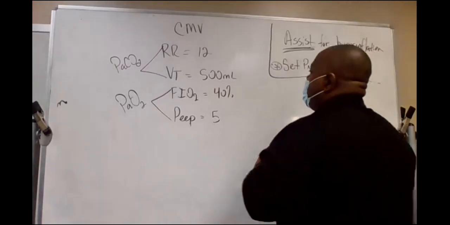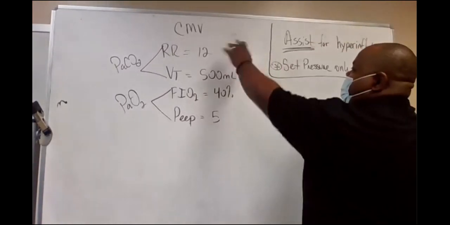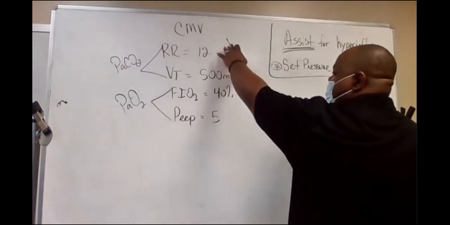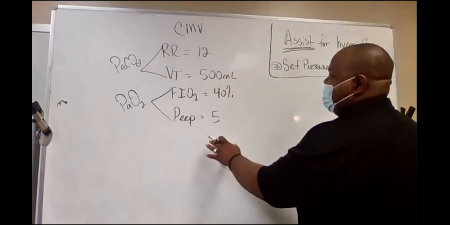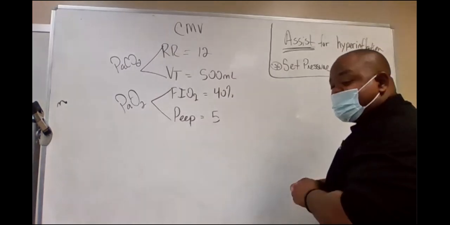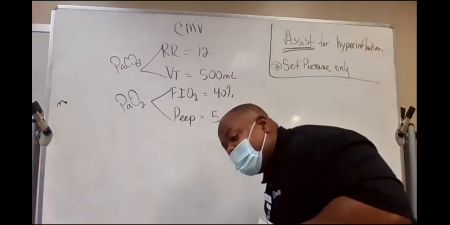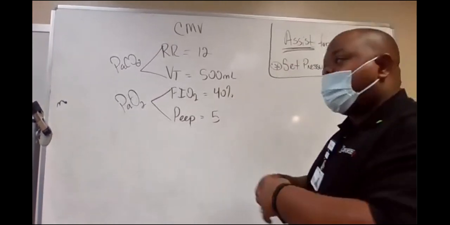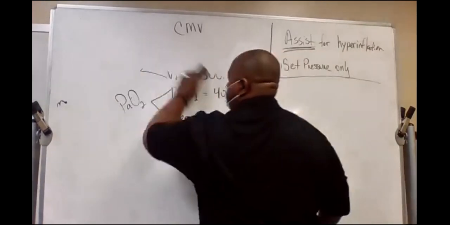All right. So, CMV, the patient cannot trigger his own breath. He's going to get what we have set, and that's it. Assist control mode is going to give them a set rate, but the patient can trigger breaths on top of that rate.